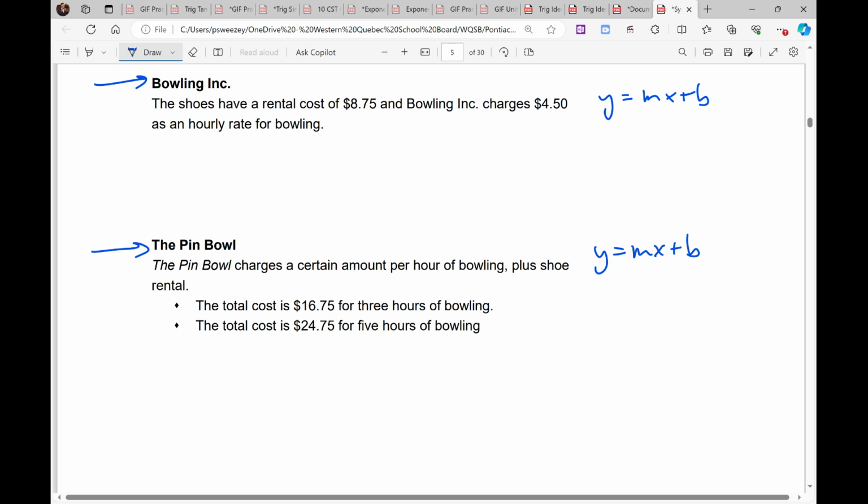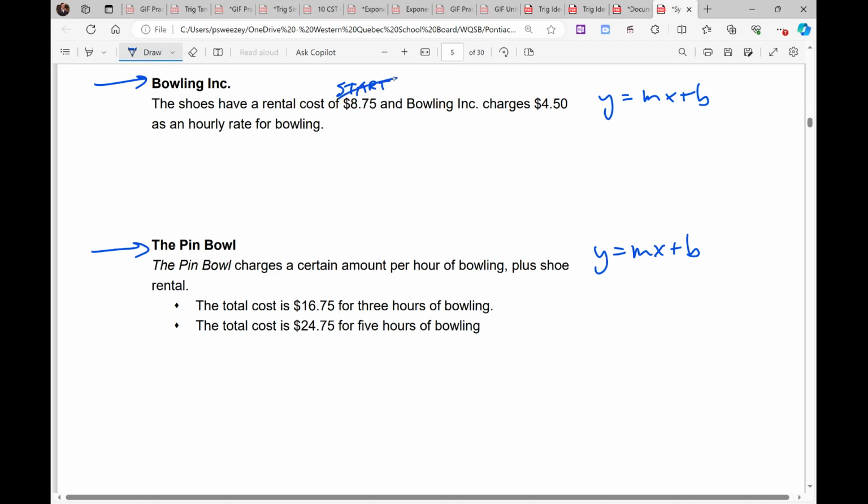I wonder what that could be. And then a rental cost, meaning no matter what, if I go bowling for just an hour, I still have to pay the $8.75. So before I do anything, my costs for bowling are going to start at $8.75.